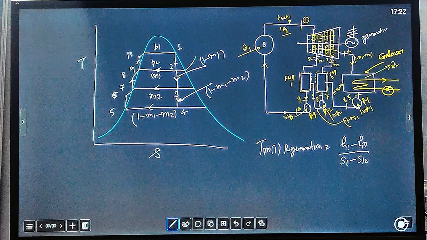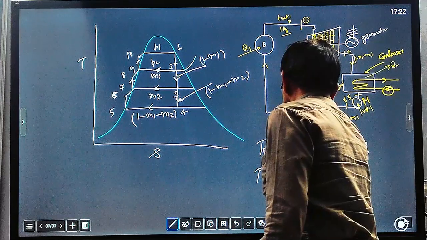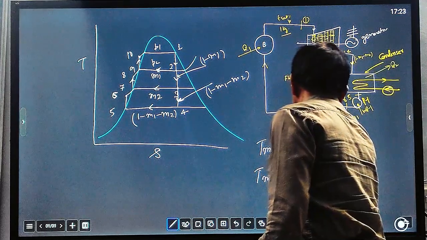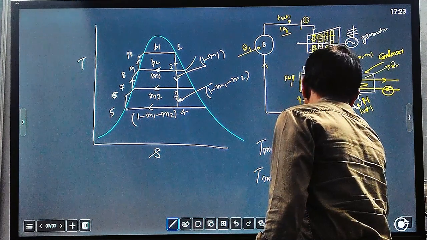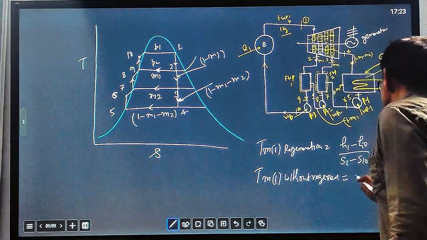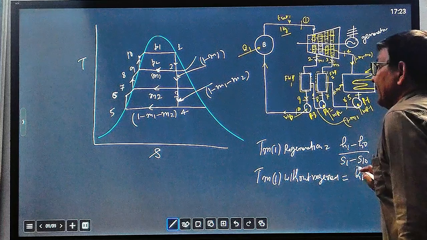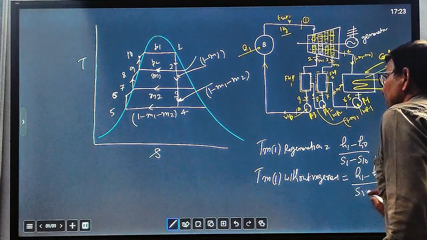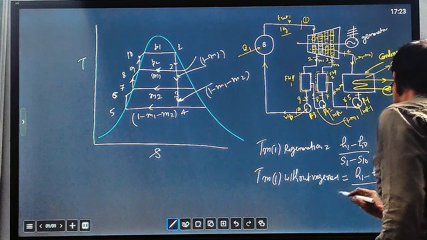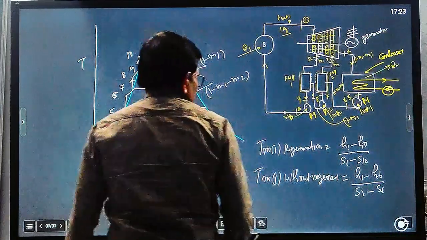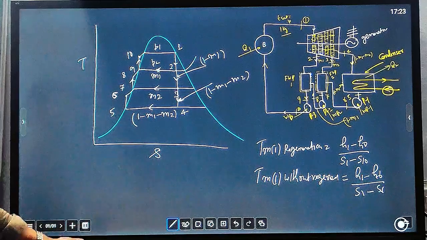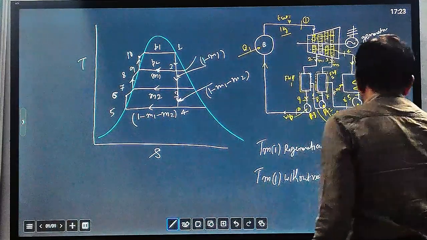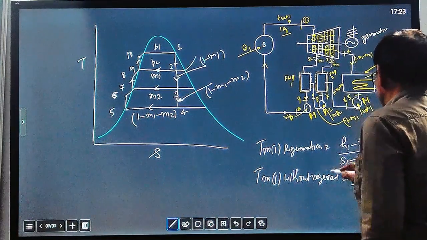And T mean without regeneration equals H1 minus H6 upon S1 minus S6. And we know that the quantity of heat H1 minus H10 and H1 minus H6 are the same.